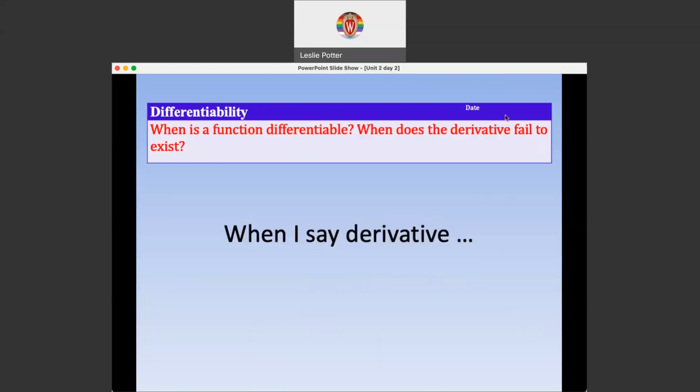Okay, so in order to get your mindset, to give you a visual with the word derivative, I start with this saying. When I say derivative, you think slope. We know that the derivative is the slope of the tangent line, and we have to start equating those two things.